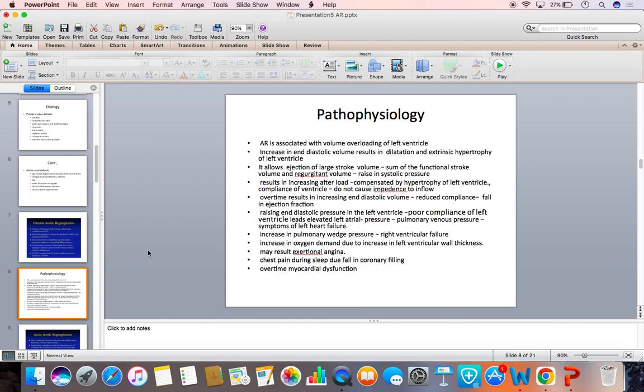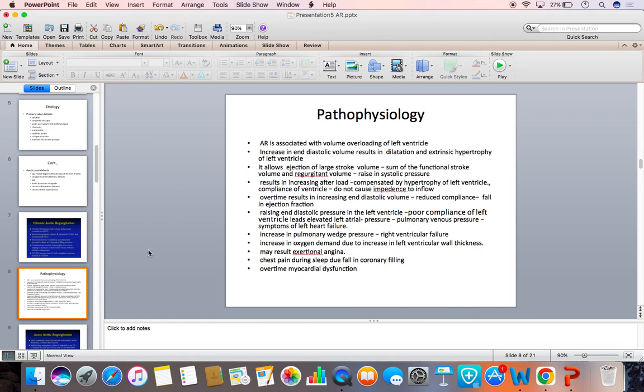So this compensatory mechanism will continue for a long time. But in course of time, there is increasing end diastolic volume and reduced compliance, and that results in a fall in ejection fraction, reduced cardiac output, and increasing end diastolic pressure.